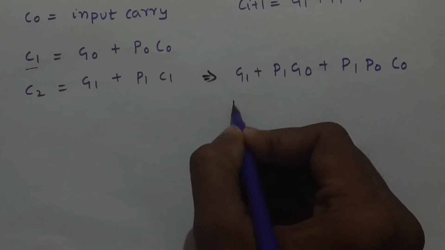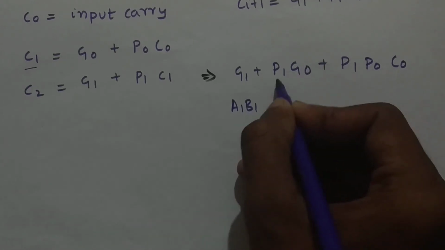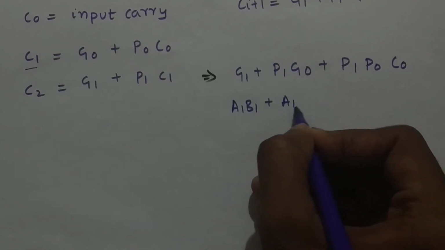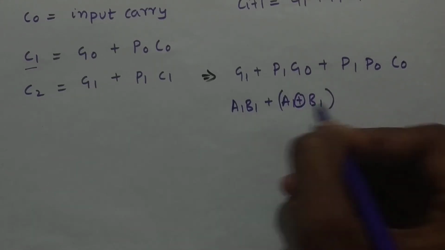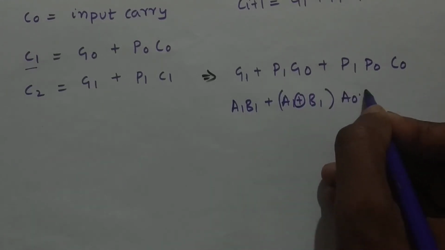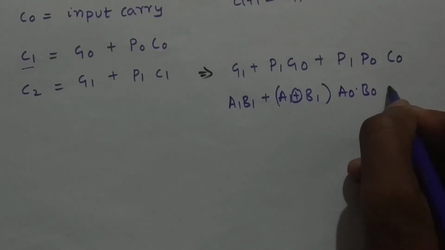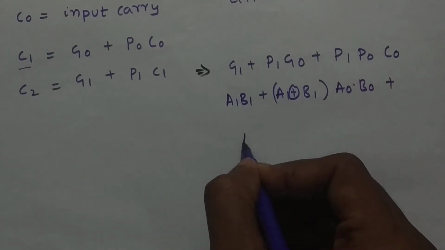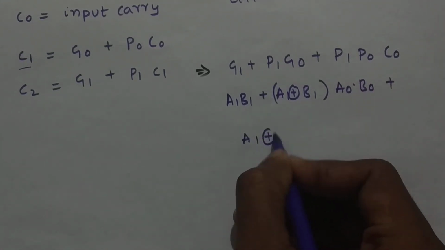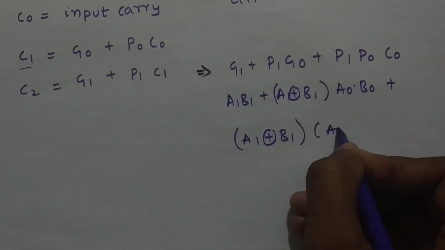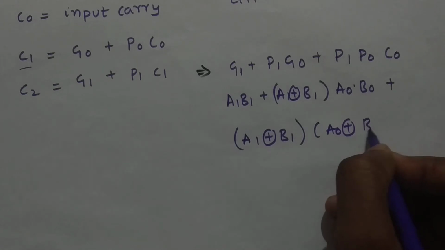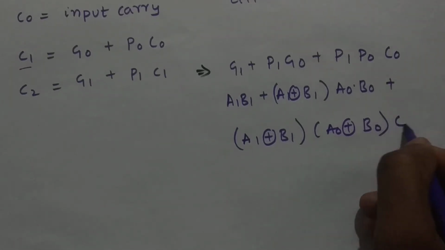G1 is A1 into B1, P1 is A1 XOR B1, and G0 is A0 B0. P1 is A1 XOR B1, and P0 is A0 XOR B0, into C0.